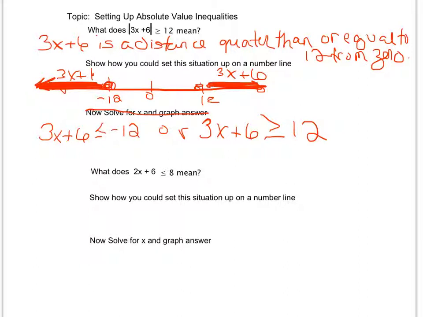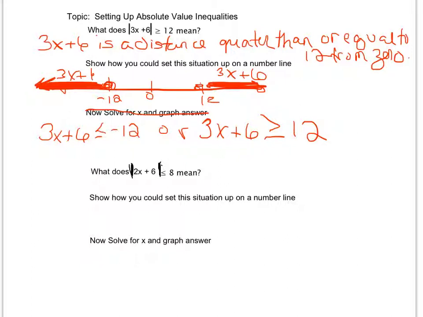So let's look at the next one. What then does the absolute value of 2x plus 6 less than or equal to 8 mean? Well, again, there's supposed to be absolute value bars on there, so I'm going to put those on there, and if you want to add that onto your notes, it does make a difference. I think I even read it with them on there because I knew they were supposed to be there. Well, absolute value bars mean distance, so this is telling me that that expression 2x plus 6 is a distance of less than or equal to 8 from 0.